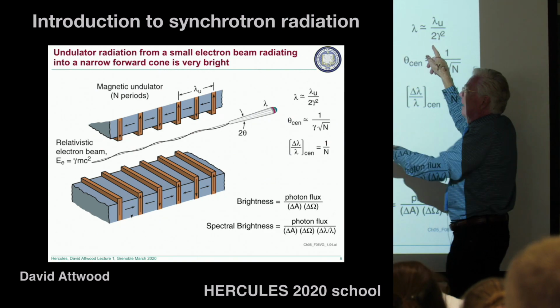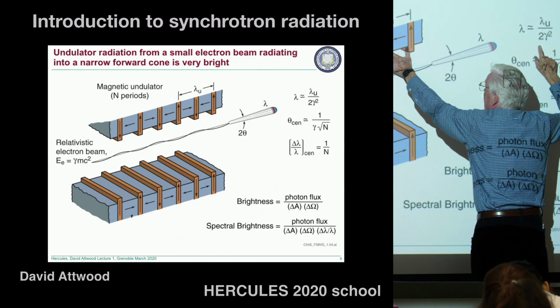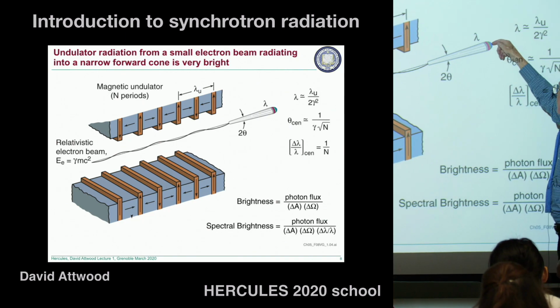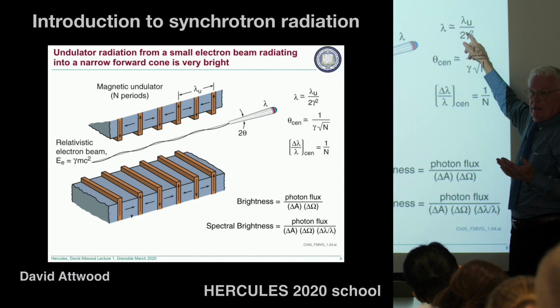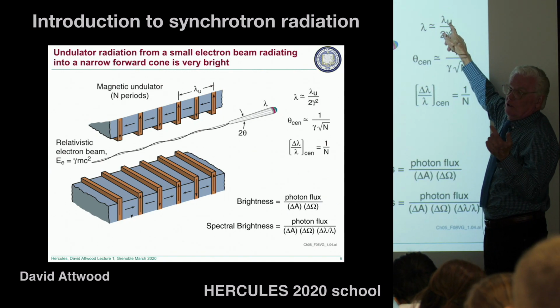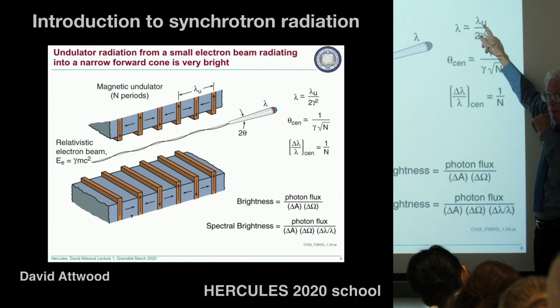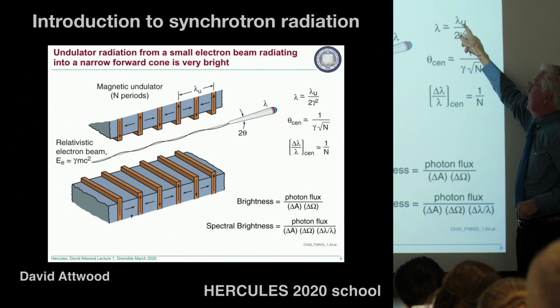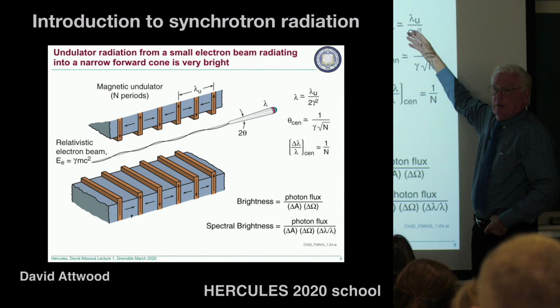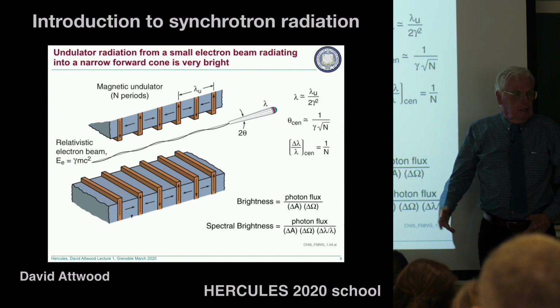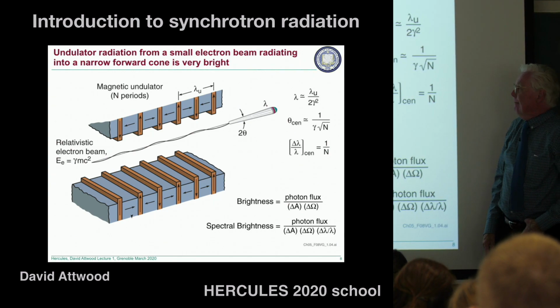So if you had a few centimeters here, the wavelength on axis would be those few centimeters divided by 10 to the 9th. So let's say it was 1 centimeter. It's actually going to be a few centimeters, but just to make the numbers easy, 1 centimeter divided by 10 to the 9th. So it's 10 to the minus 10 meters. So you're into your angstrom region, okay?